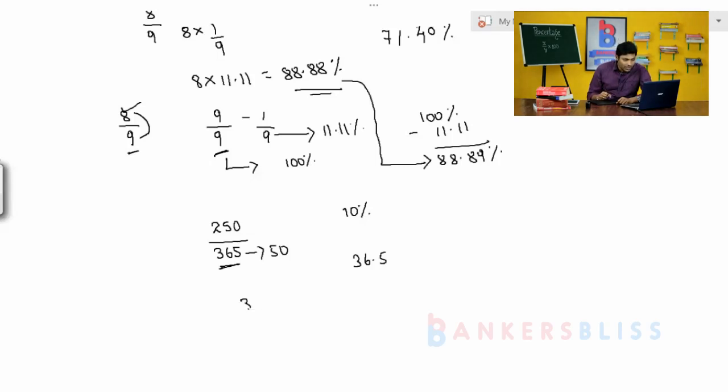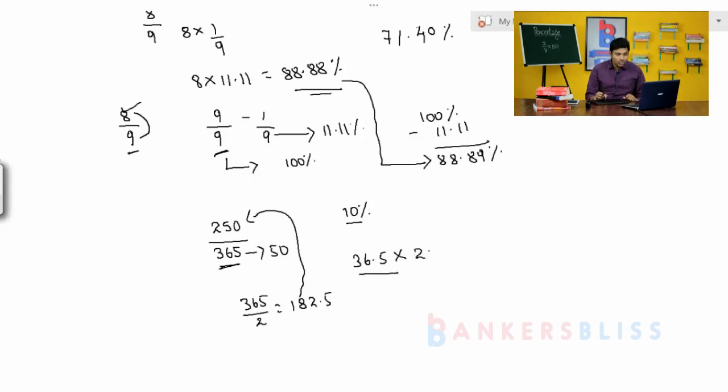50% means 365 by 2, which is equal to 182.5. But you got 182.5, and you should get 250. What is the difference? Almost 70 is the difference. That 70 you should get. 10% is 36.5, so for 70 what should you do?